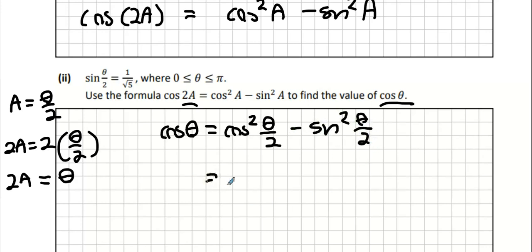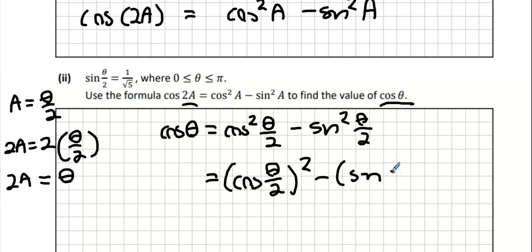And for those of you who don't know what cos squared theta over 2 means, it actually means cos theta over 2 to be squared minus sine theta over 2 to be squared. All right. Next thing I'm going to do is go and draw a right angle triangle, okay?